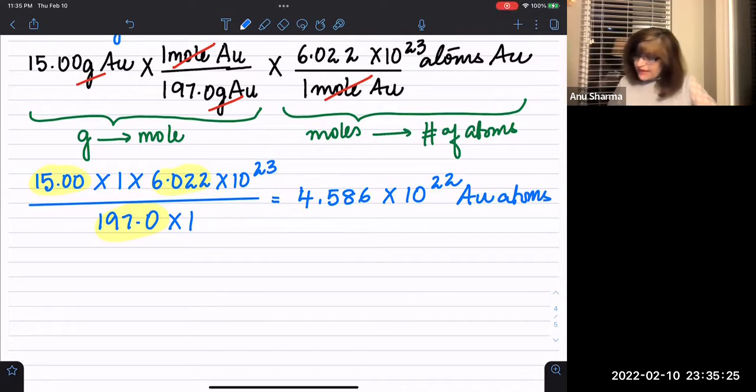So that is the answer. Write the units, 4.586 times 10 to the power 22. Okay, next is 3.6.